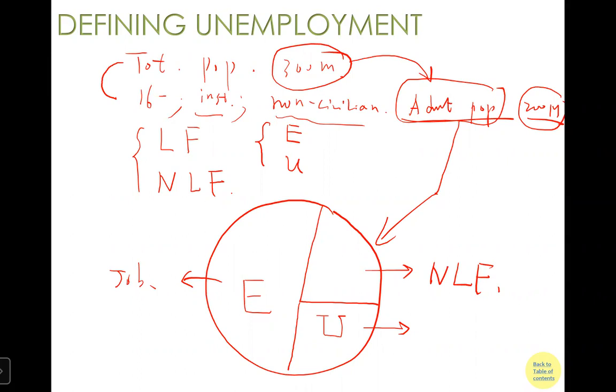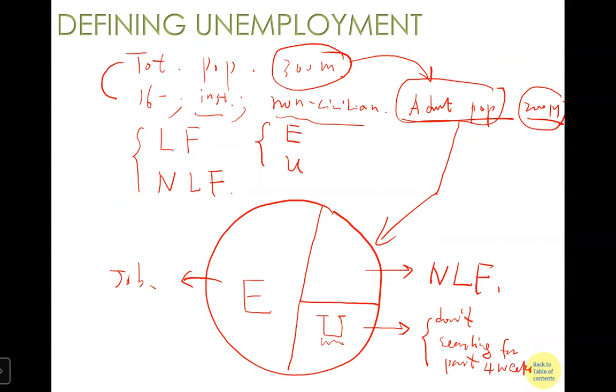But who is considered unemployed? There's a technical definition. Number one, you don't have a job. Number two, you are searching for a job. More specifically, you have searched for a job during the past 4 weeks.